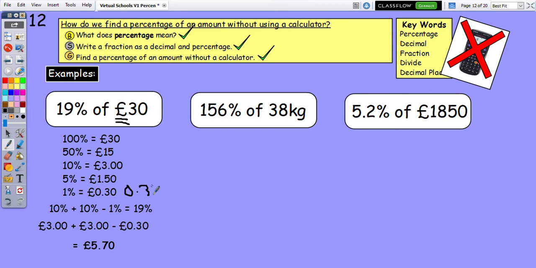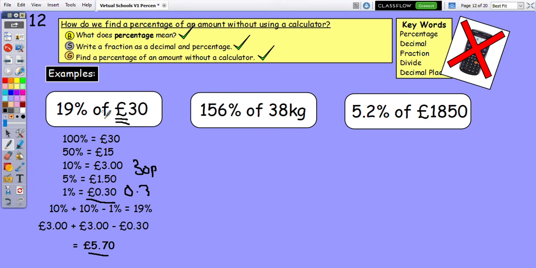So you can either write 30 pence, or as I've done here, write it as pounds. If I were you, I'd try and keep it as pounds. So just be careful writing money. To find 19%, I did 10% plus 10% subtract 1%. 3 plus 3 minus 30 pence is £5.70.